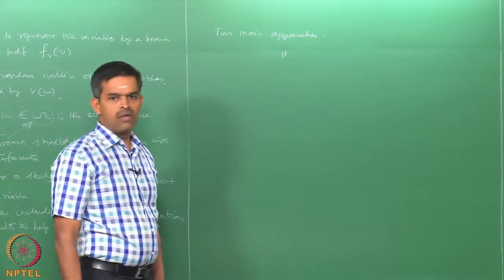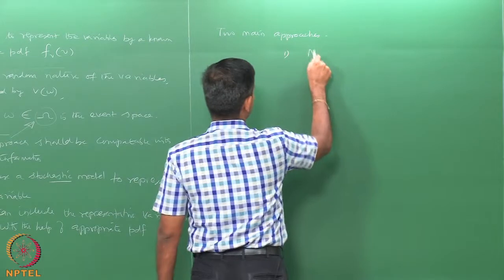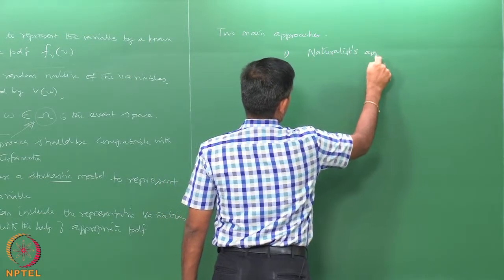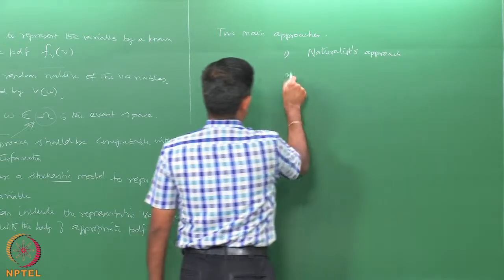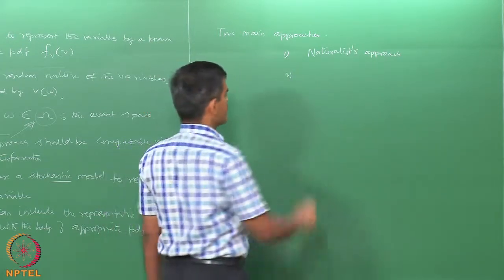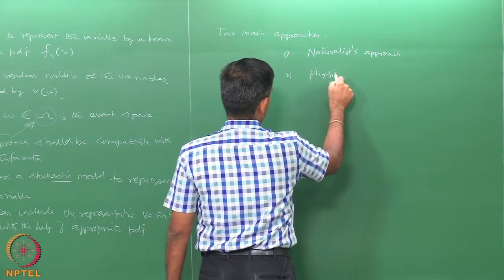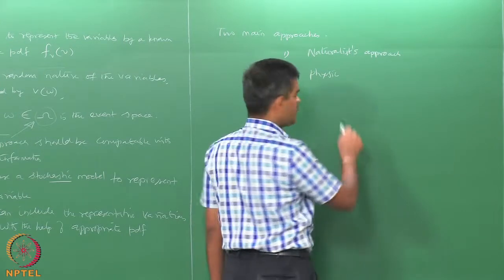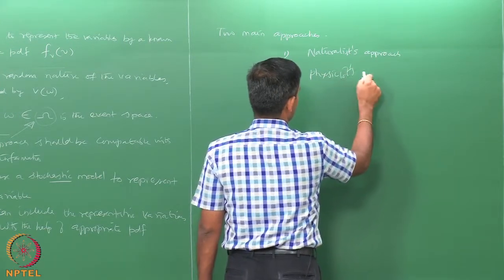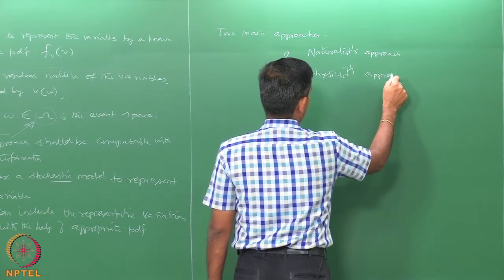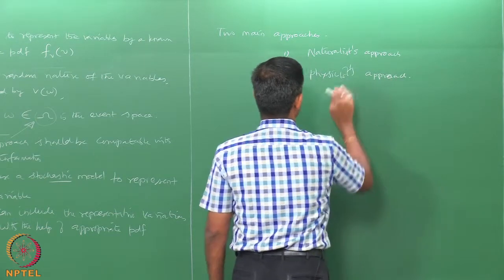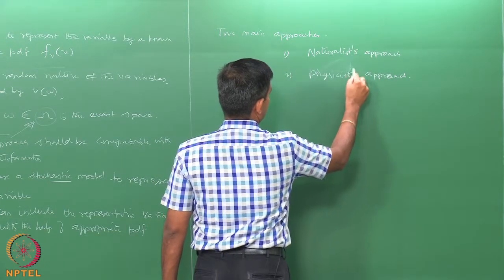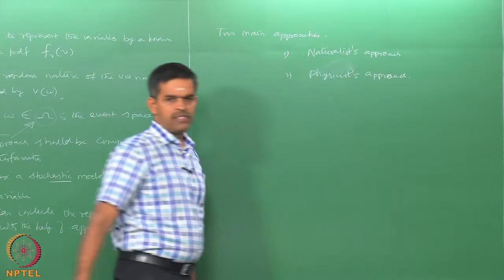One is what is called the naturalist's approach. The other is what is called the physicist's approach.